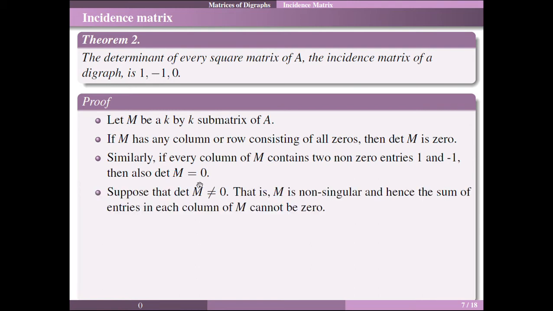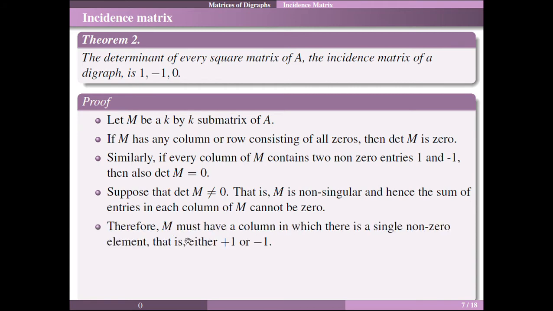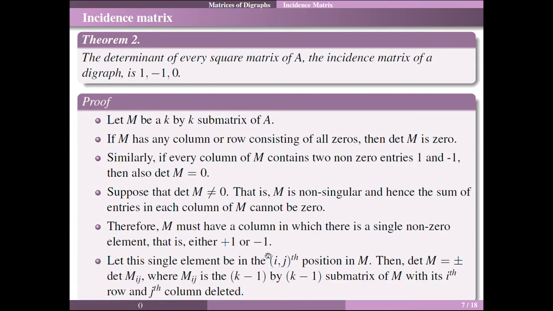So, let us consider the case where the determinant of M is not equal to 0. So it means M is non-singular and hence the sum of the entries in each column of M also cannot be 0. This also means that M must have a column in which there is a single non-zero element, that is either +1 or -1.